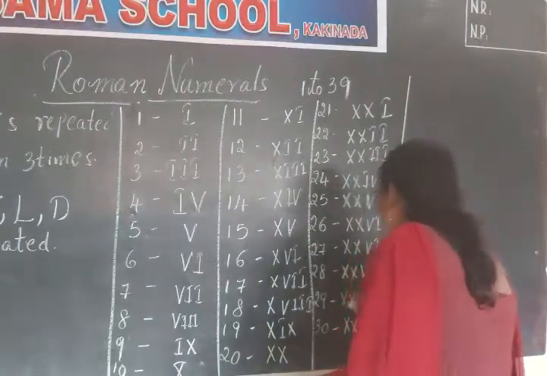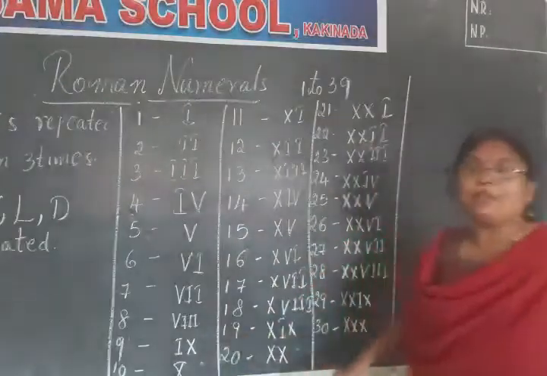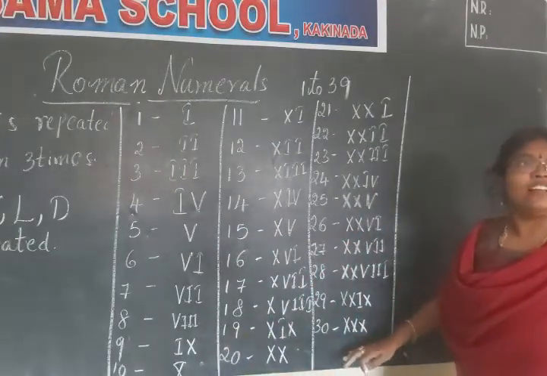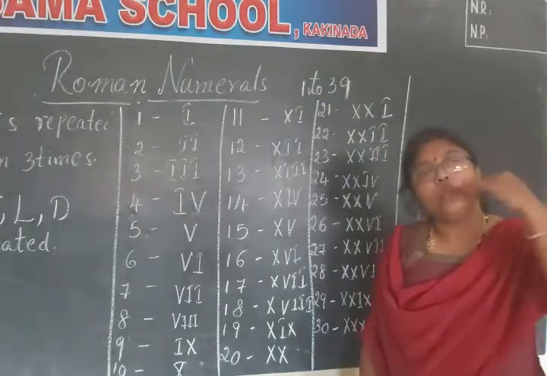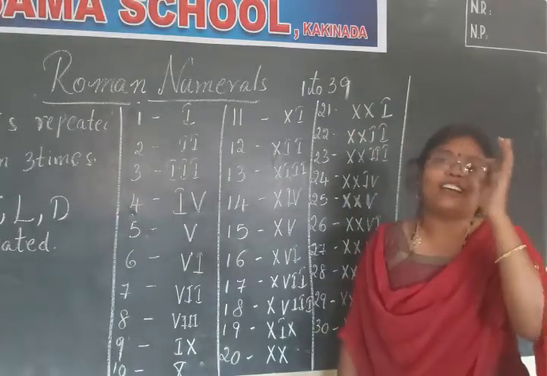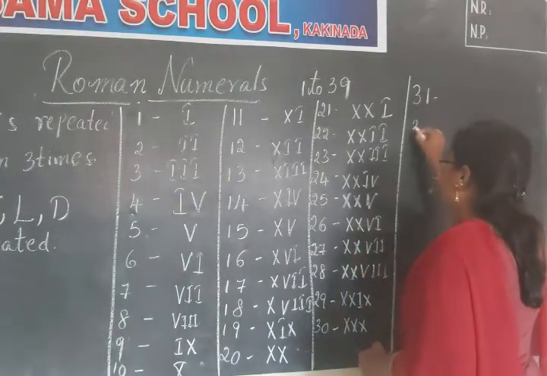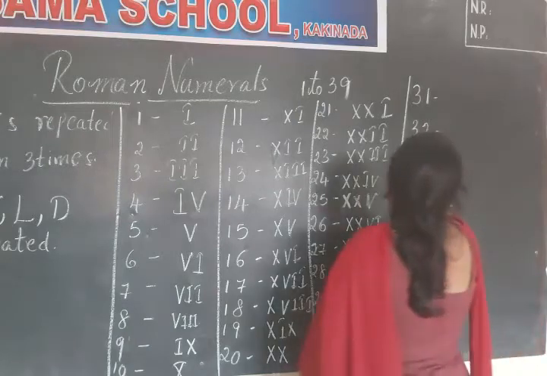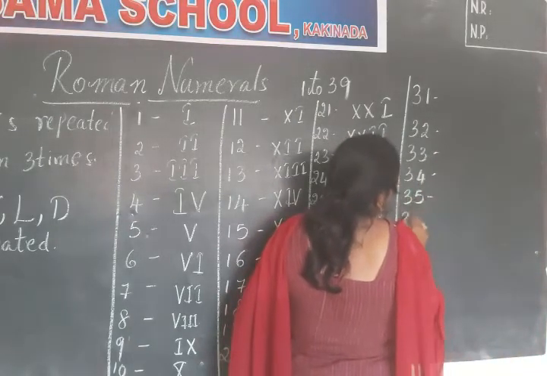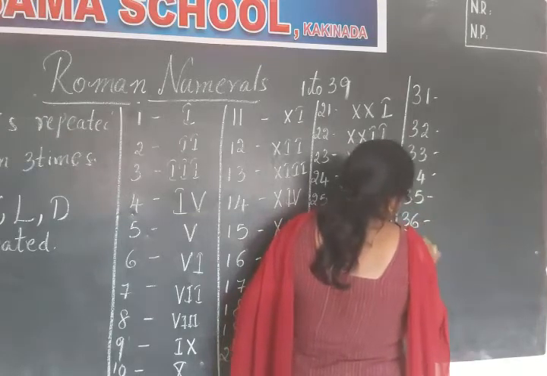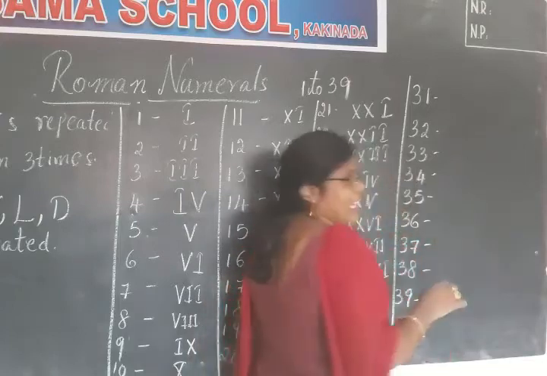And if you write 30 before these 1 to 9 symbols, you will get the numbers till 39. Come on. 31, 32, 33, 34, 35, 36, 37, 38, 39.